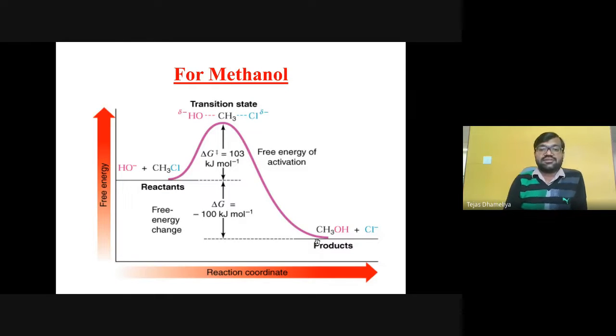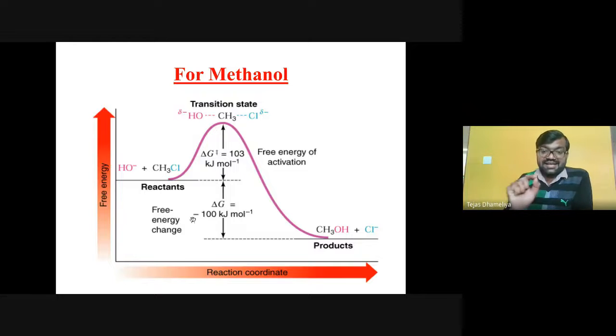For formation of methanol from methyl chloride, you can see OH minus and CH3Cl are the reactants. They have almost 103 kilojoule per mole. This much amount of energy is required to form the reaction. And about 100 kilojoule per mole energy is liberated.